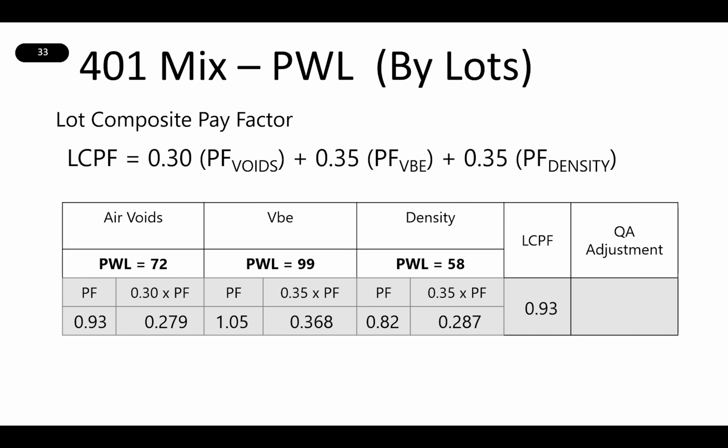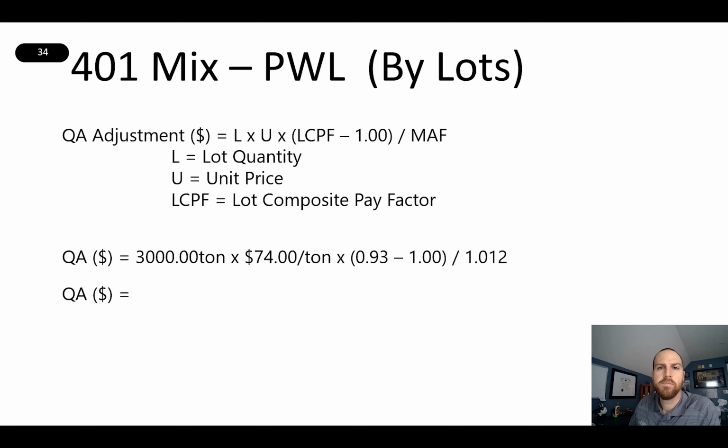So how do we turn that lot composite pay factor into a quality adjustment in dollars? Just like a sublot composite pay factor, there is a quality adjustment equation for a lot composite pay factor involving the lot quantity, the unit price, and the lot composite pay factor.